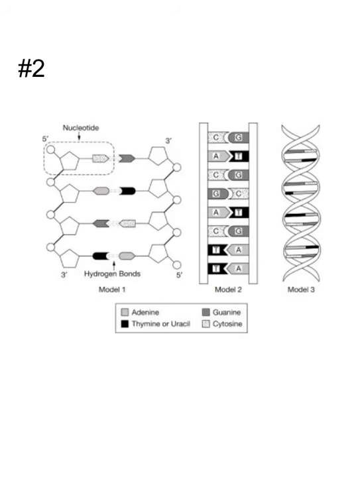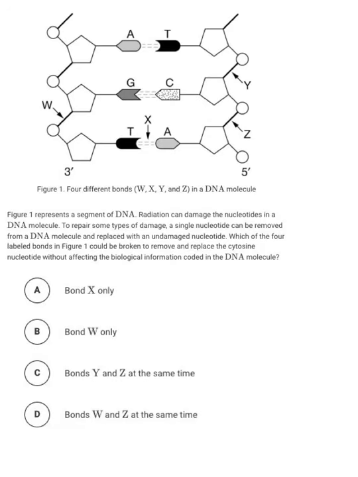Number 2, you guys wanted clarification on number 2. This one, I've kind of broken up the pictures because they don't really fit, but this is figure 1 representing a segment of DNA. Okay, so here's our segment. If radiation can damage the nucleotides in a DNA molecule, sometimes what they'll do is replace the single nucleotide with an undamaged nucleotide, but the question is which of the 4 labeled bonds in figure 1 can be broken to remove and replace cytosine without affecting the biological information coded.